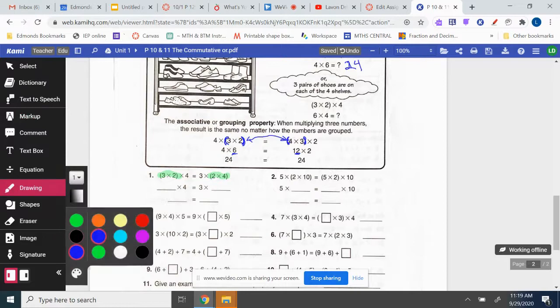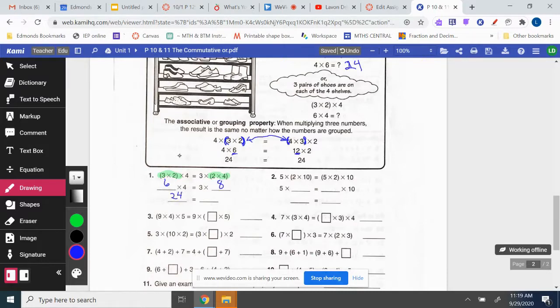So number 1 says the group of 3 times 2 times 4 equals 3 times the group of 2 times 4. So 3 times 2 is 6, and 2 times 4 is 8. So that's how they wanted you to fill that box out. Now I'm going to solve 6 times 4 is 24, and 3 times 8 is 24. That's how they want you to do number 2.